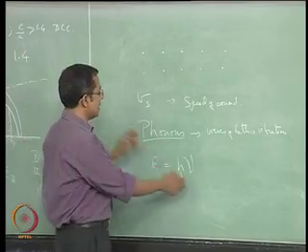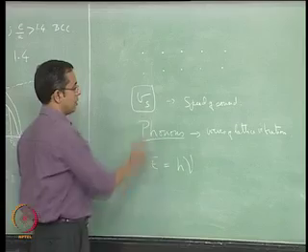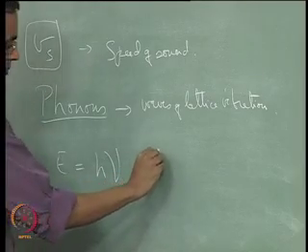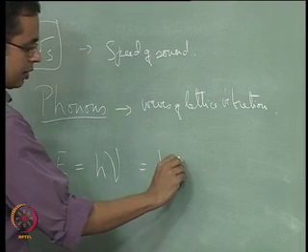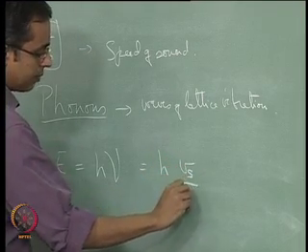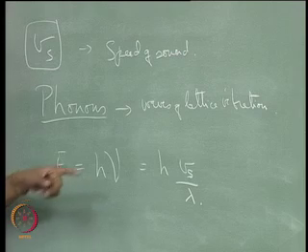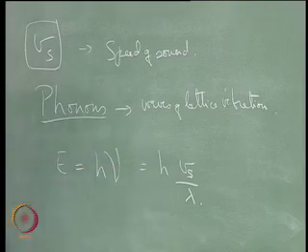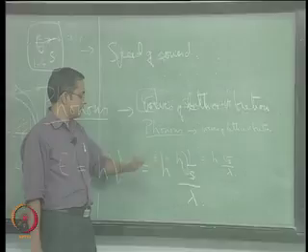Only difference is, as I said, they are traveling at the speed of sound. So this nu here is v sound by lambda. That is a very important difference, v sound by lambda. So they are quantized, so that is a very important thing.